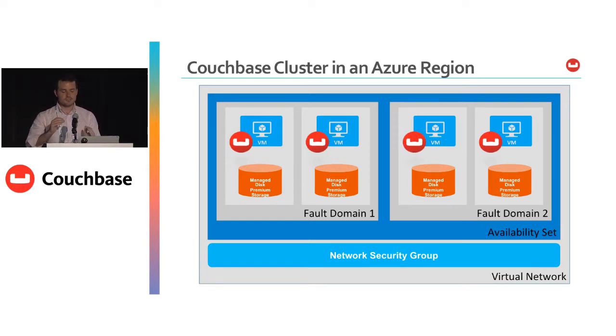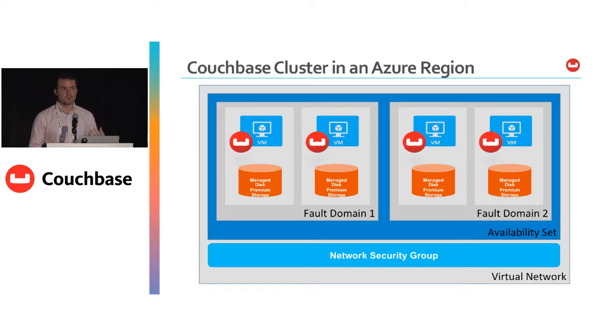Then the next unit we have within that is something called an availability set. And if you guys are familiar with other clouds, they have a concept of availability zones. Azure treats things a little bit differently. Within each region, you can define an availability set, and that can have up to 3 fault domains.